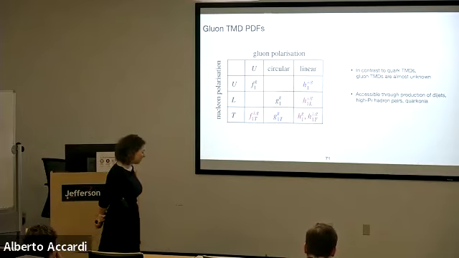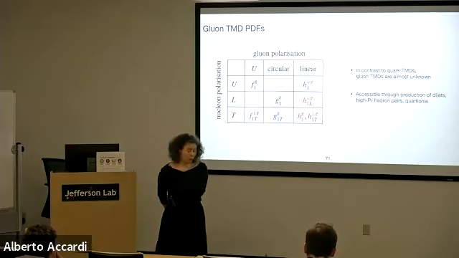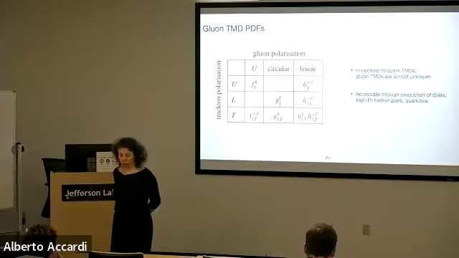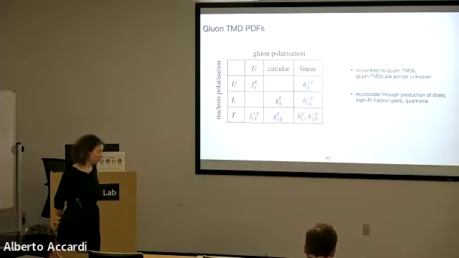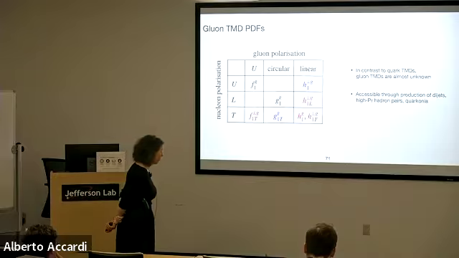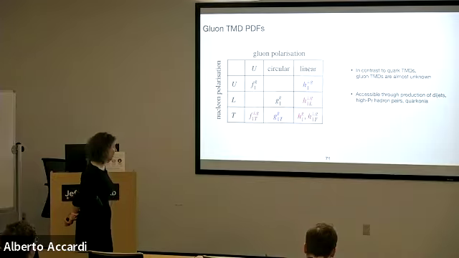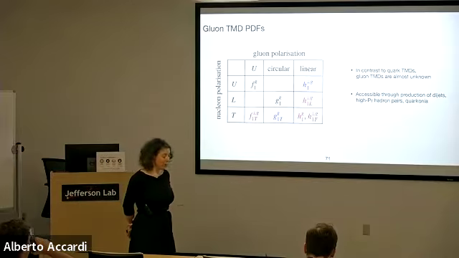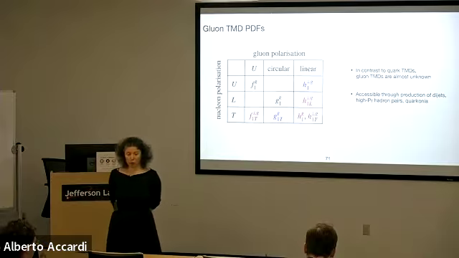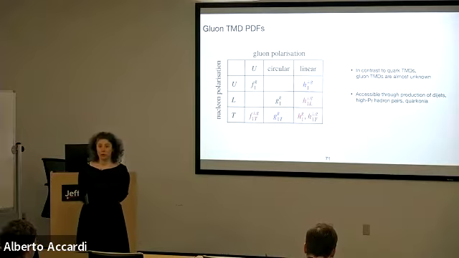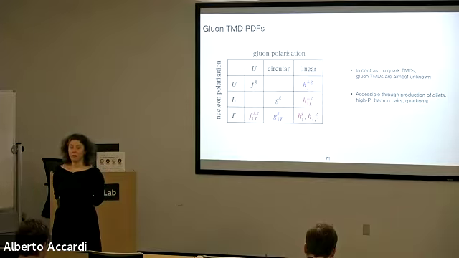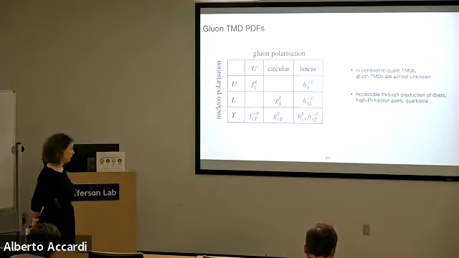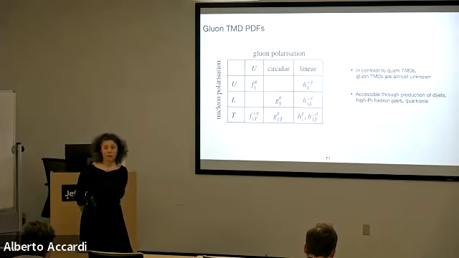The reason why we know less is because the first measurements were done at the fixed target experiments in EP, and there it's harder to access the gluons. And then we could, in principle, also look at PP collisions. But there we saw that we have a problem with factorization for TMDs as soon as we produce additional hadrons. And Drell-Yan is first order sensitive to quarks.